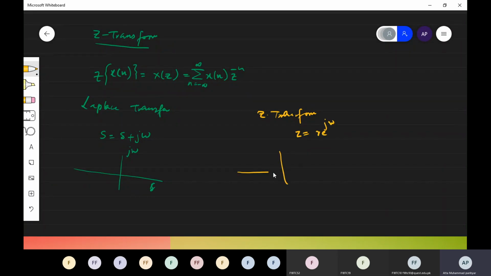That means we are mapping a discrete time signal on a polar coordinate with radius r and angle omega, right? So this is the real part of Z and this is the imaginary part of Z, right?